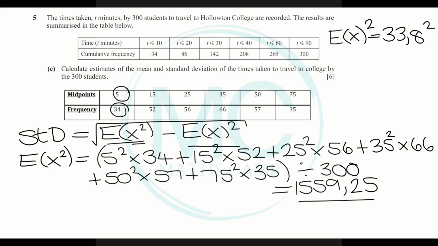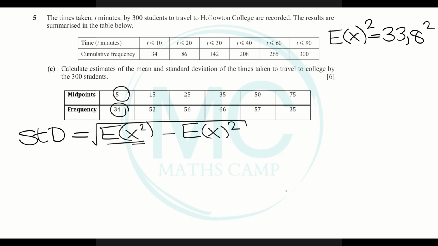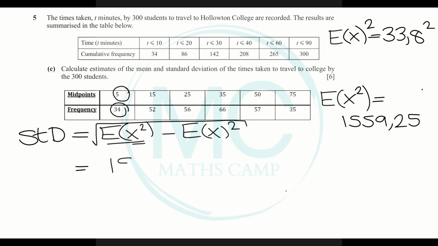Now that I have a value for EX squared and the square of the mean, I can find the standard deviation. So I'm going to make some space and make a note of EX squared up here. And now I can fill my values into the formula. So I can say standard deviation is equal to the square root of EX squared, 1559,25, minus the square of the mean, 33,8 squared.